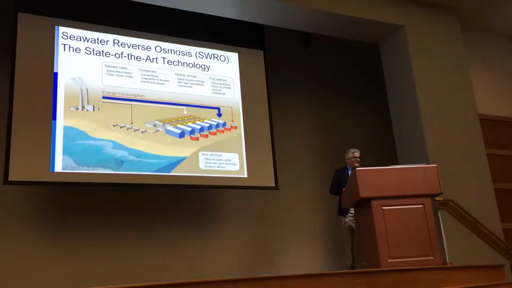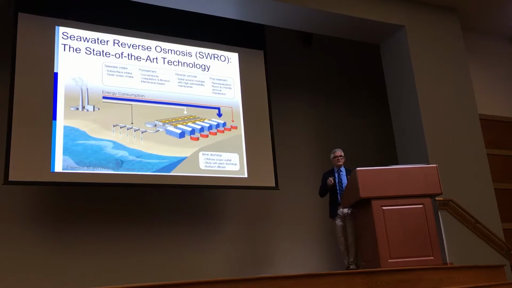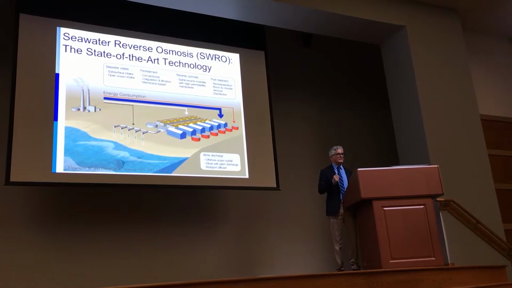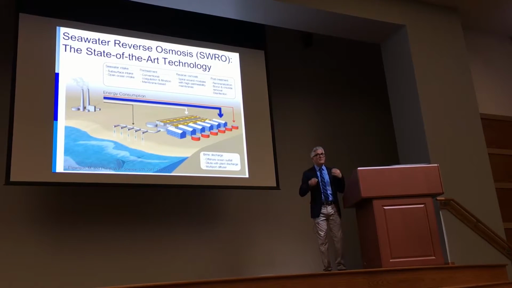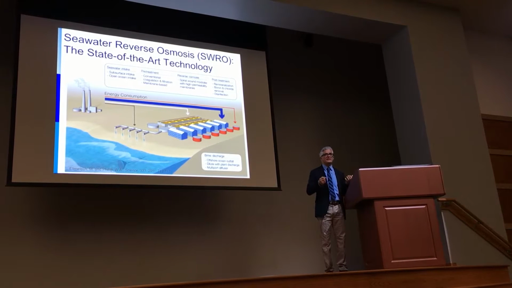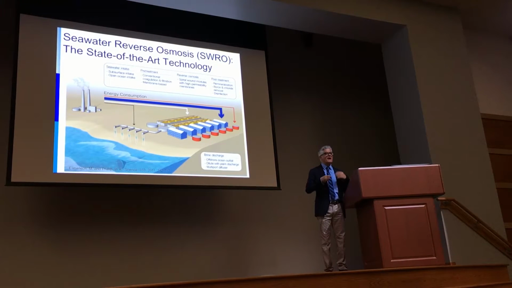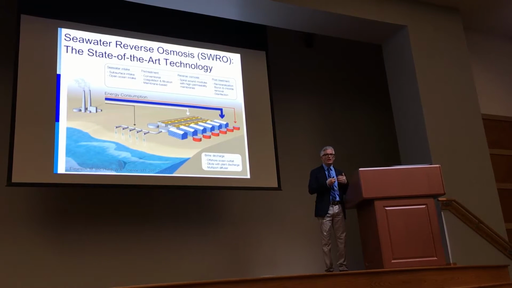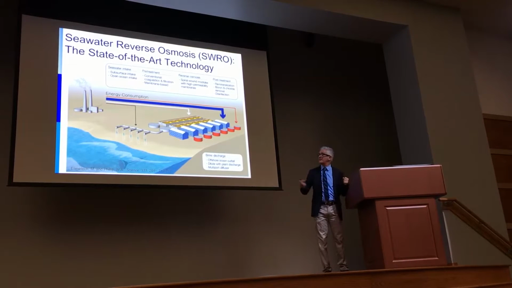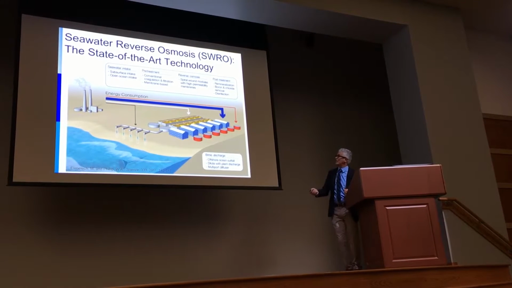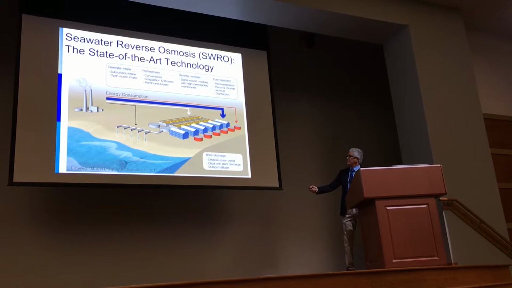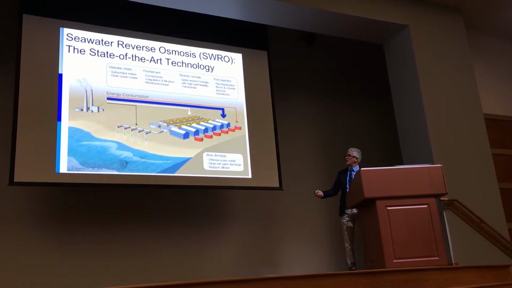So let's start to talk about the technology. The state-of-the-art technology for desalination is reverse osmosis. Although there are some thermal desalination plants in the Gulf countries, they are much more energy intensive, and all the new plants that are built nowadays are based on reverse osmosis technologies. Again, there is an intake structure where you take the water from the ocean.